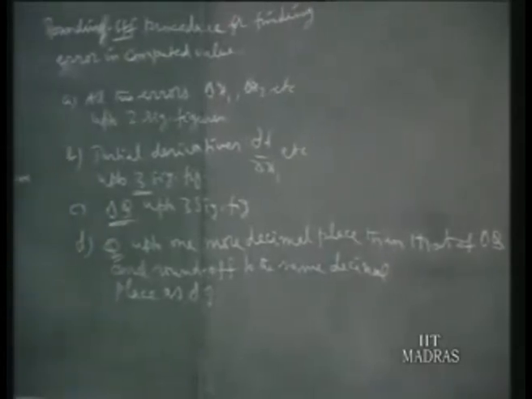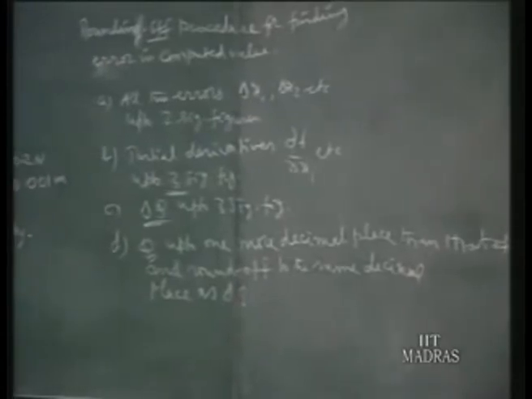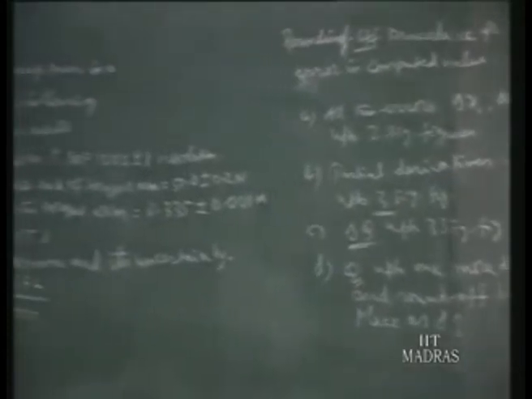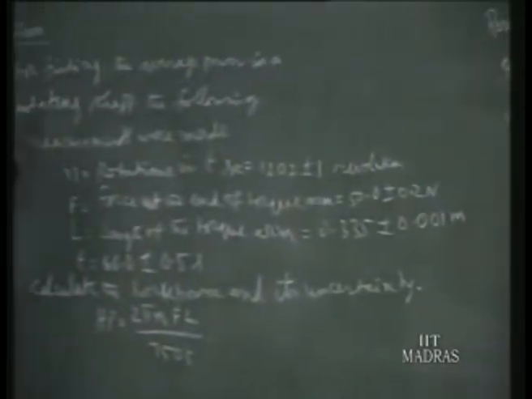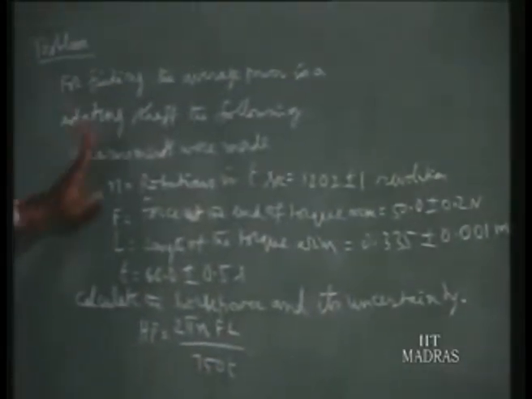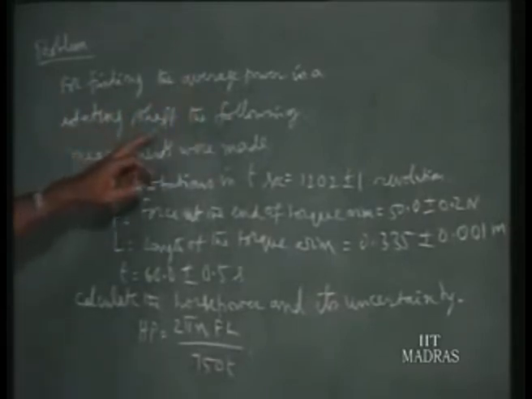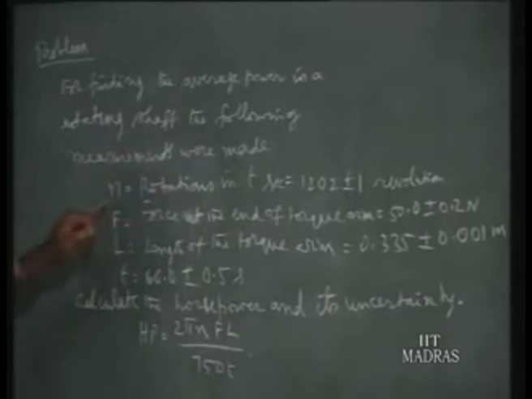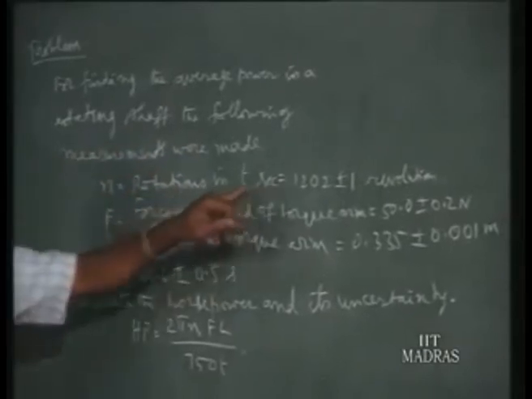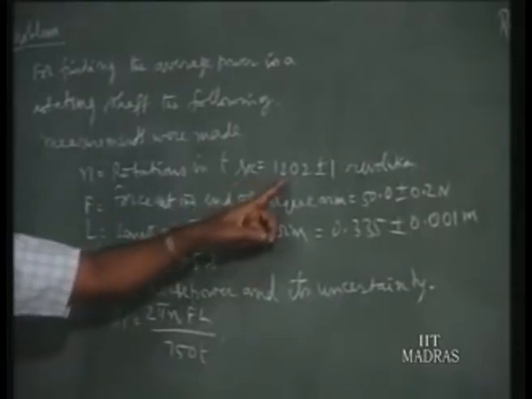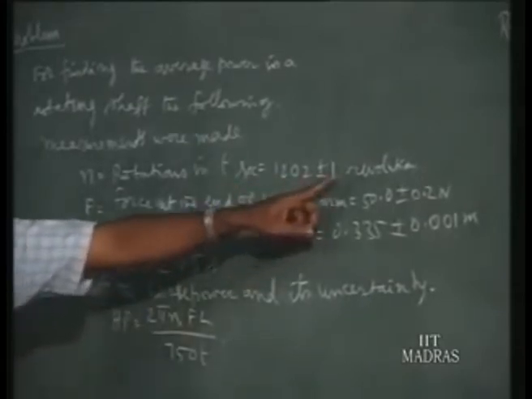So, noting down all these steps, now we will compute the computed value and the error in the computed value for the given problem. The problem reads like this: for finding the average power in a rotating shaft, the following measurements were made. Rotations measured in t seconds, about 60 seconds, is 1102 plus or minus 1 revolution.